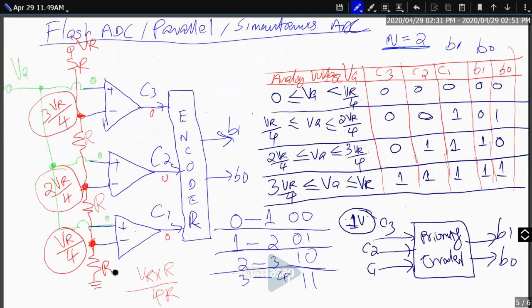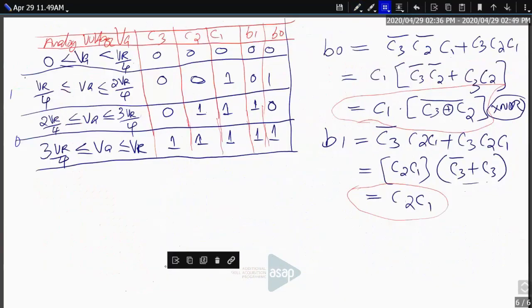So this is one simplified form of B0. We can definitely use a K-map also for this. If it is a larger bit output, then this kind of simple Boolean algebra computation may not be very easy for us.